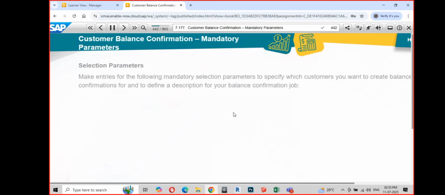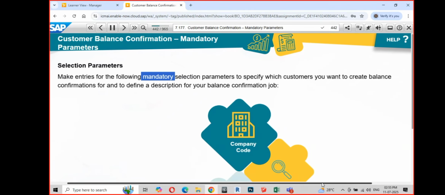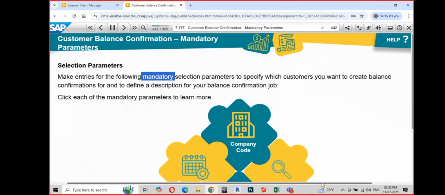See, as I said, the balance confirmation is a mandatory activity. This is the first and foremost report I would generate, maybe periodically or at least at the year end. Year end, it is a must.